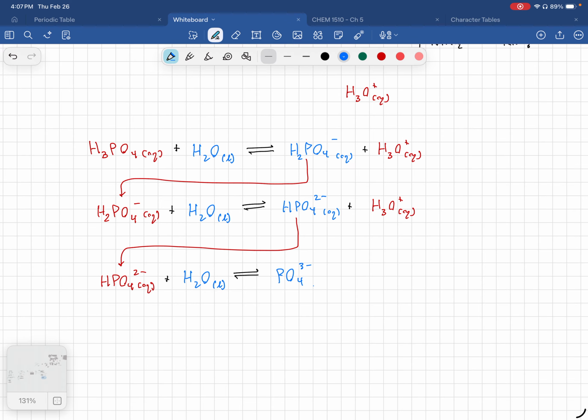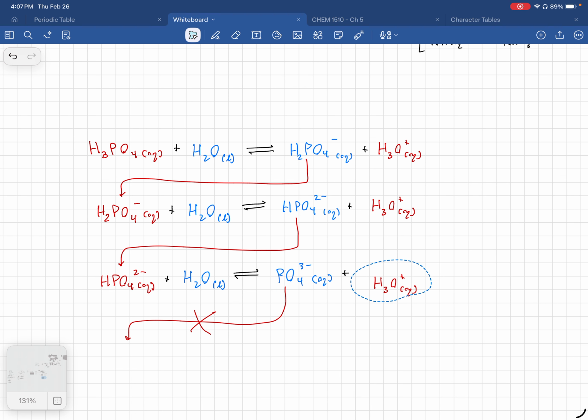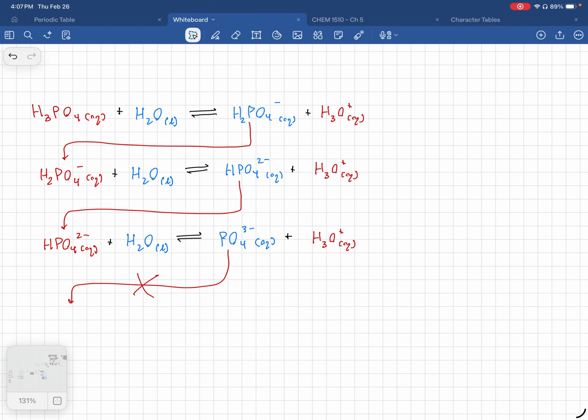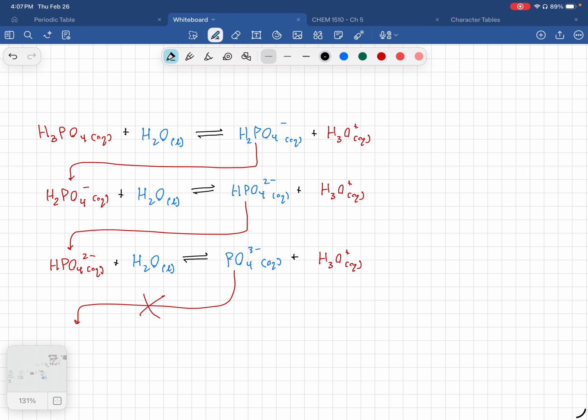Thus, it cannot ionize again, right? There are no more protons to remove, right? And our last equivalent of H3O plus. Okay, so this is called, and you've heard me say it before, a polyprotic acid, right?